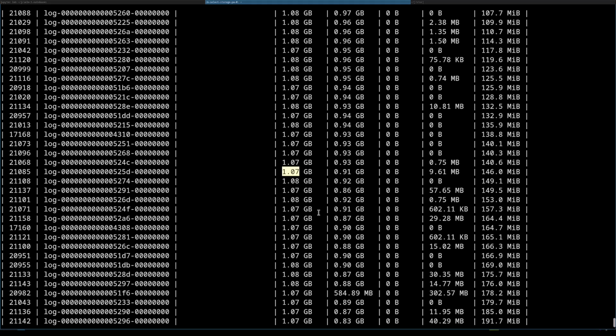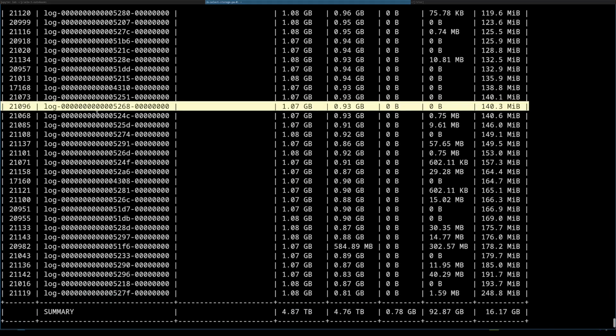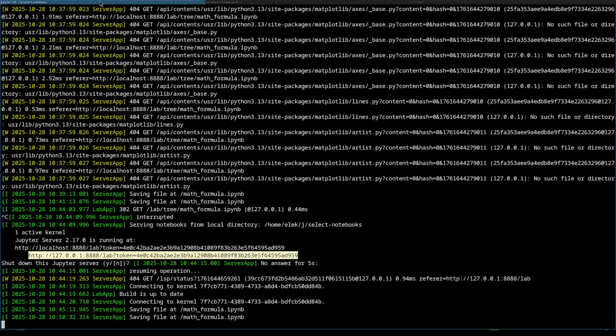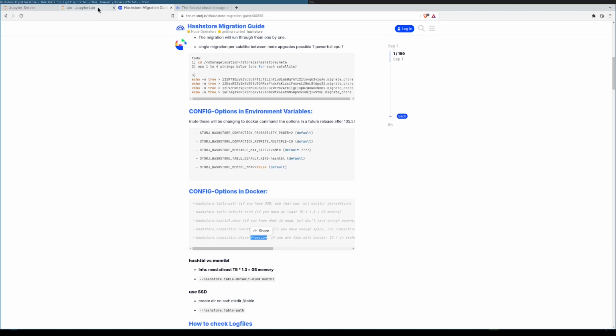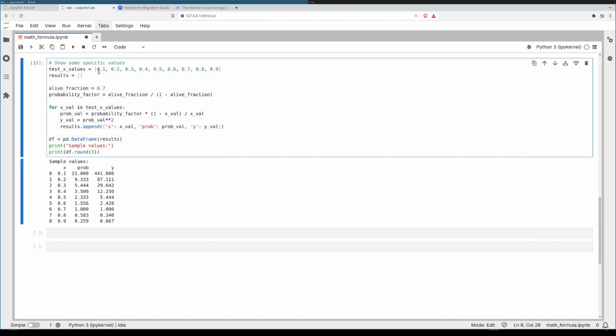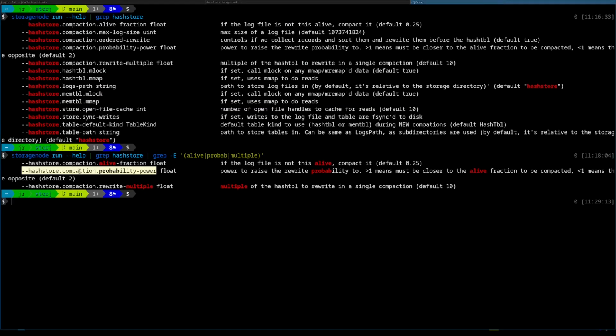And there is a probability for each of the log files to be picked for rewrite. And this probability is not very easy, but I have this simulator. So this is the probability, this is the 90%. And for each percent, I calculate the probability.